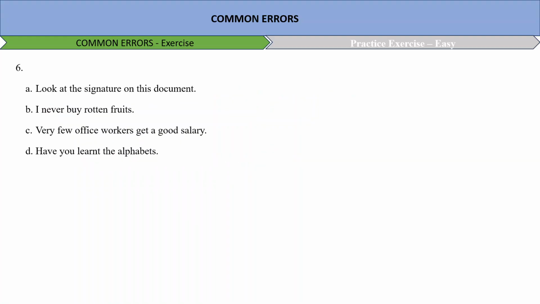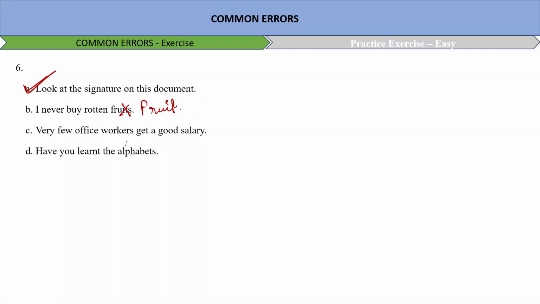Look at the signature on this document. I never buy rotten fruits. Very few office workers get a good salary. Have you learned the alphabets? You see, sentence A is totally appropriate. Look at the signature on this document. Second one is I never buy rotten fruit.